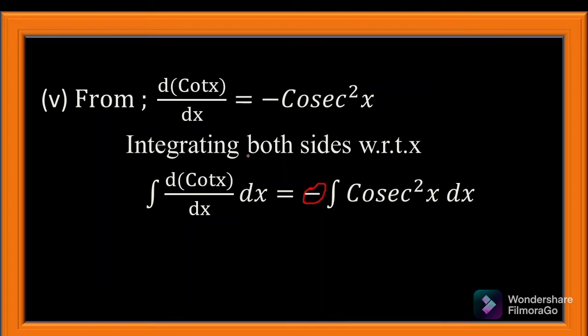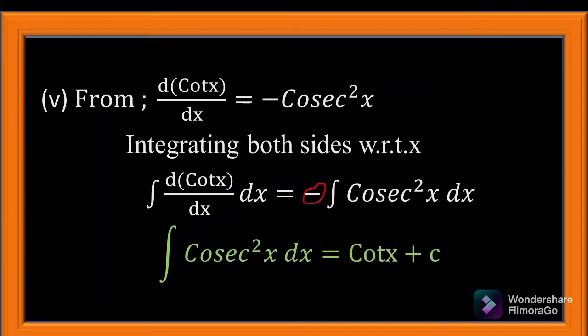Remember the integral of this expression here, which is the derivative of cot x with respect to x, is cot x itself. So at the end of the day, our answer will be cot x, which will be the integral of cosec squared. But remember, we have to deal with that negative sign.